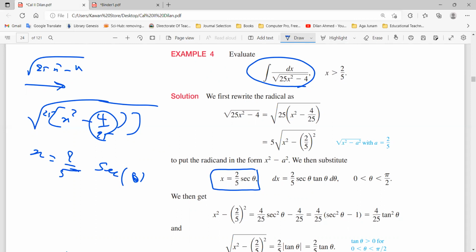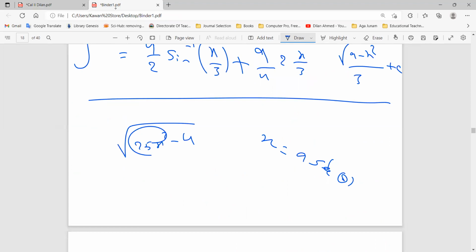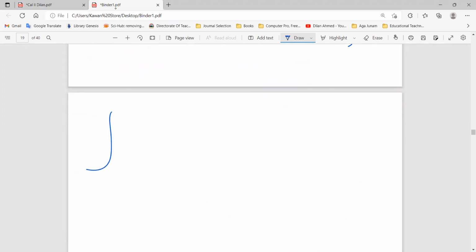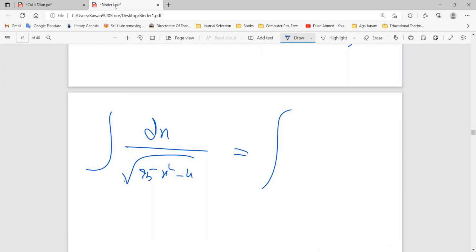I don't see any sign of understanding. Understood or not? They say no. Okay. Look, dears. I have the integral dx over the square root of 25x squared minus 4. The formula is like that. Just compare with the formula: x squared minus a squared. There is no number with x, right? So we should make this coefficient 1. How do we get that?